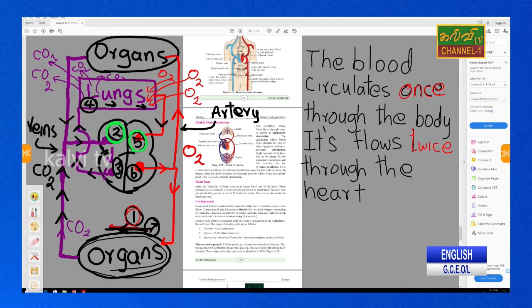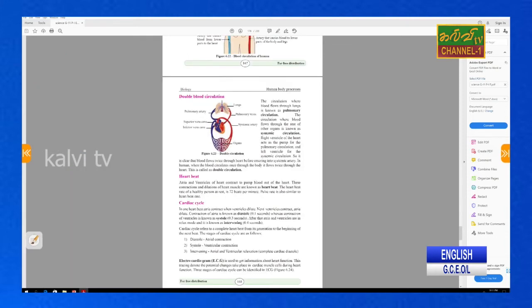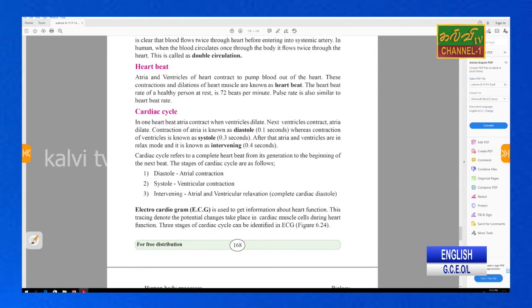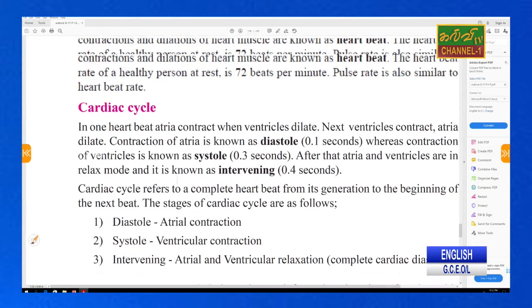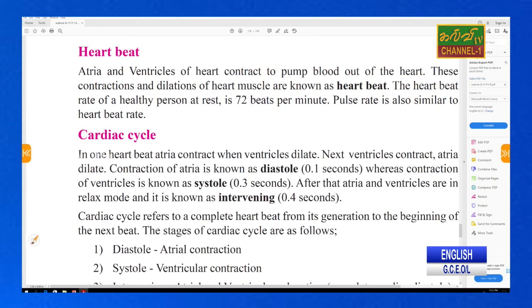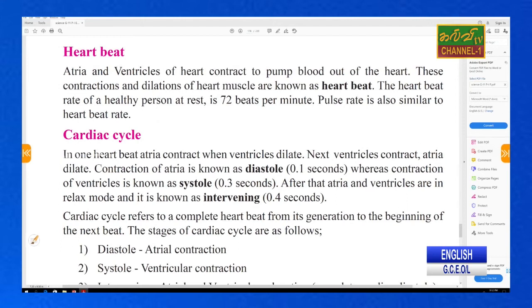Okay, students. Now we will move to the next part. Heartbeat. Here, atria and ventricles of the heart contract to pump blood out of the heart. We already studied this. How does it happen? You know the heart.